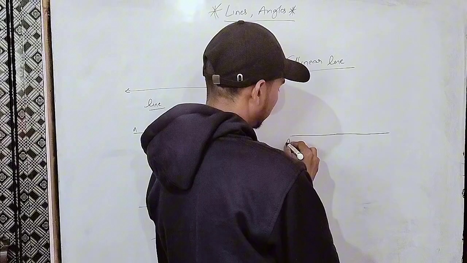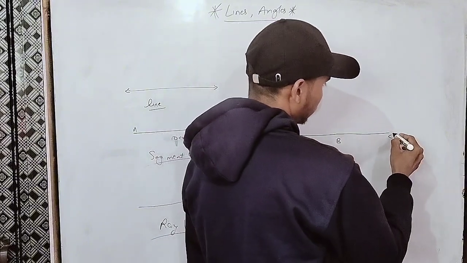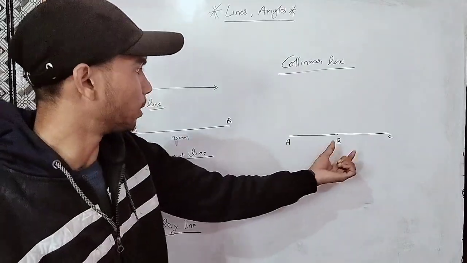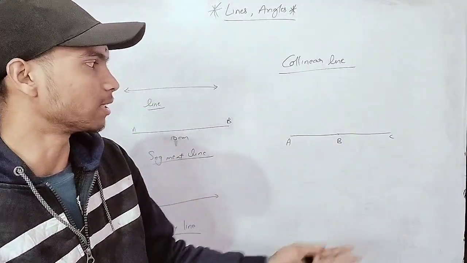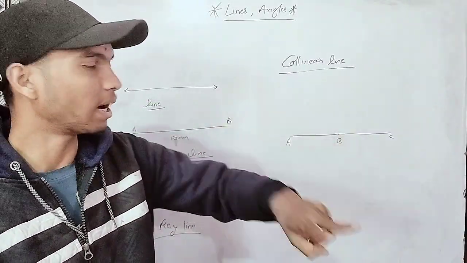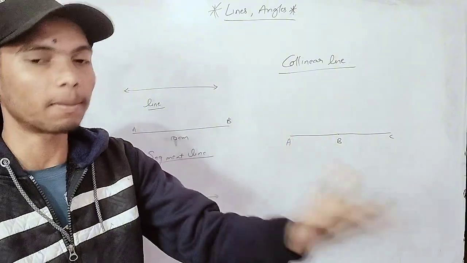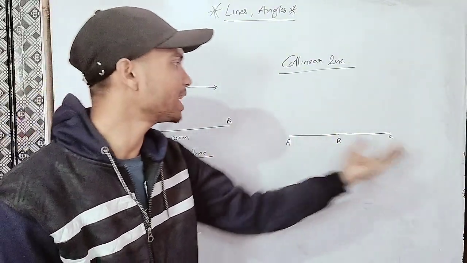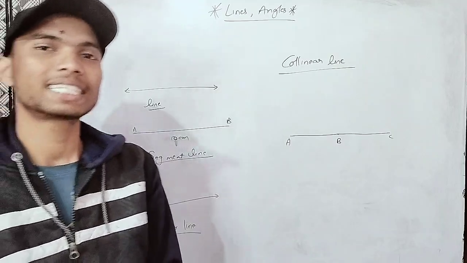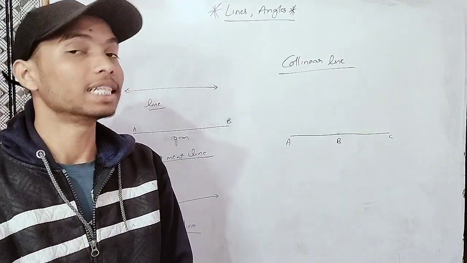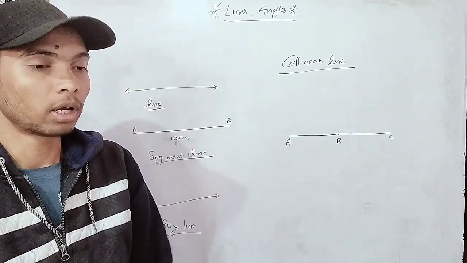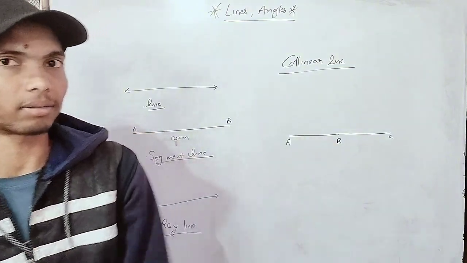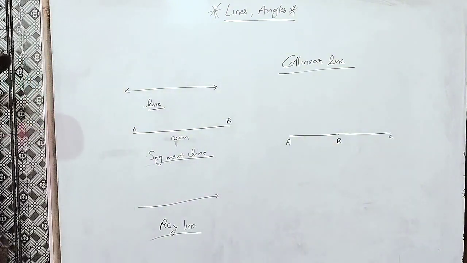We can name this like that. The first line is AB, then the second line is BC. With a joining, we have two lines. That's why this type of line is named collinear. It is saying your line is with another line. Okay, collinear.